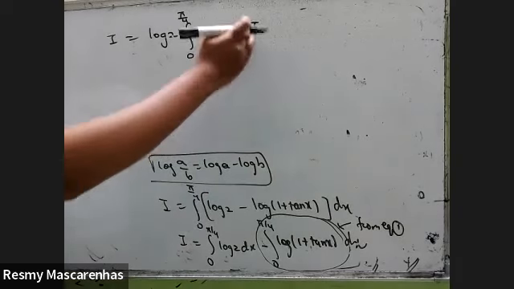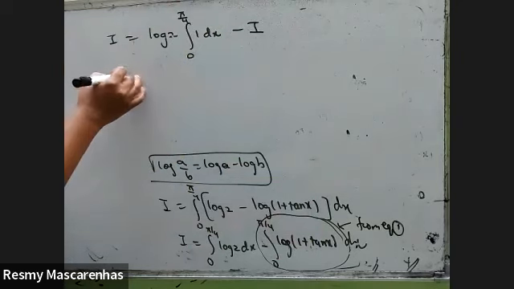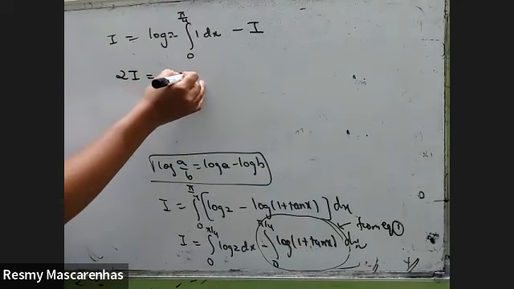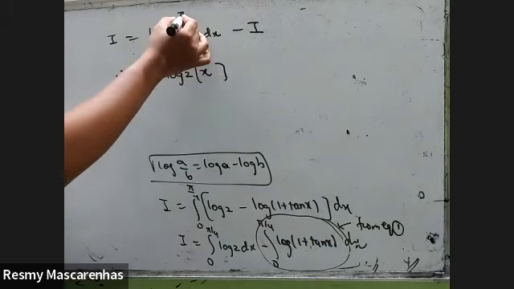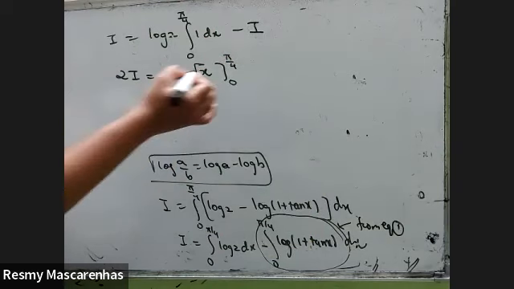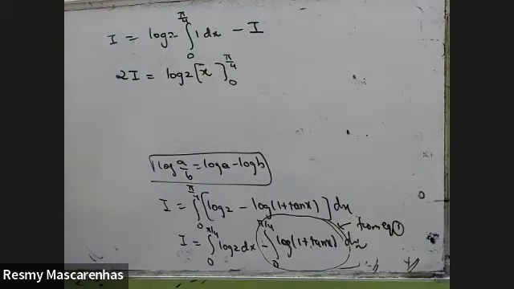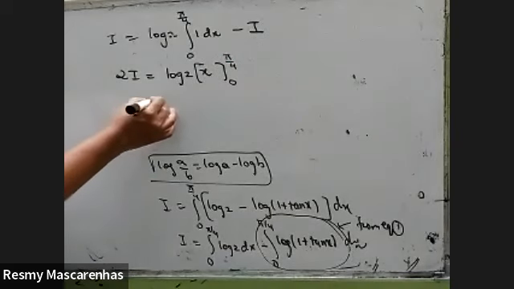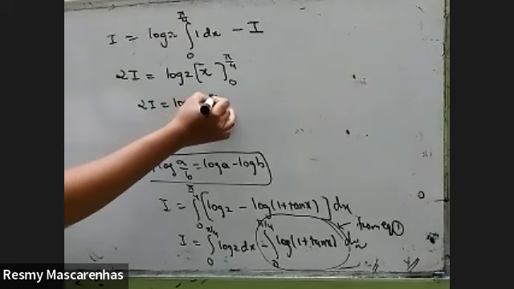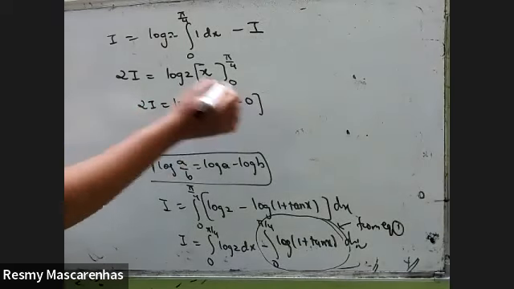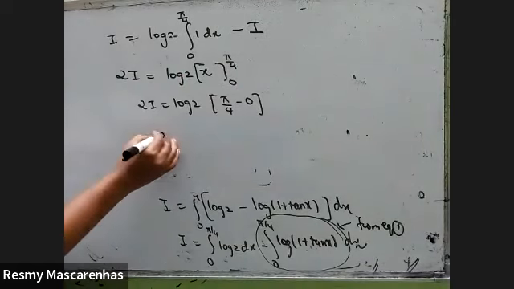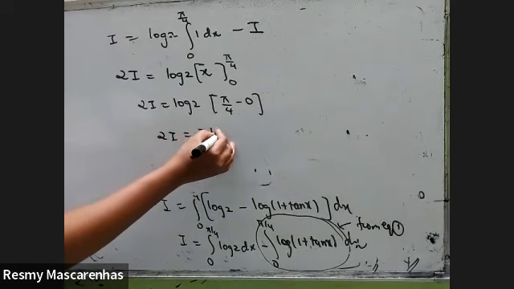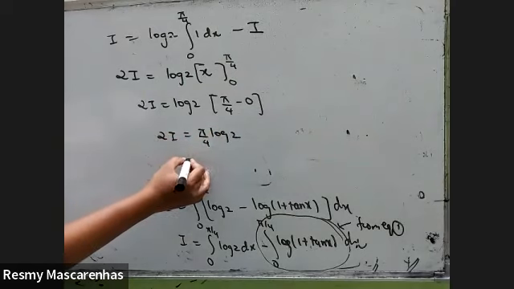And this is mine. This is I. Take I on the other side. Integral of 1 is x, 0 to pi by 4. So substitute higher limit minus lower limit. And 2 will come down.